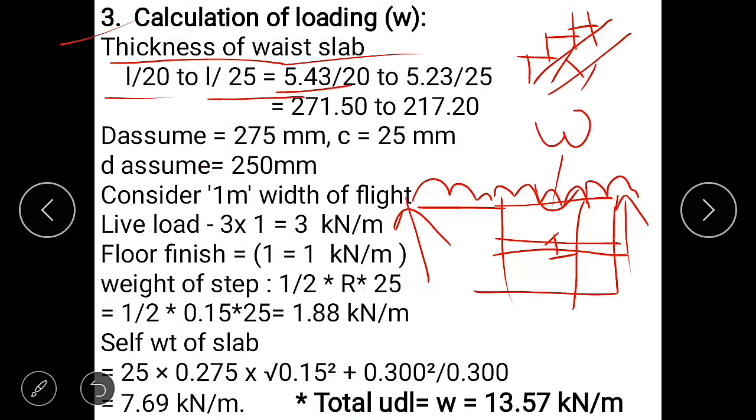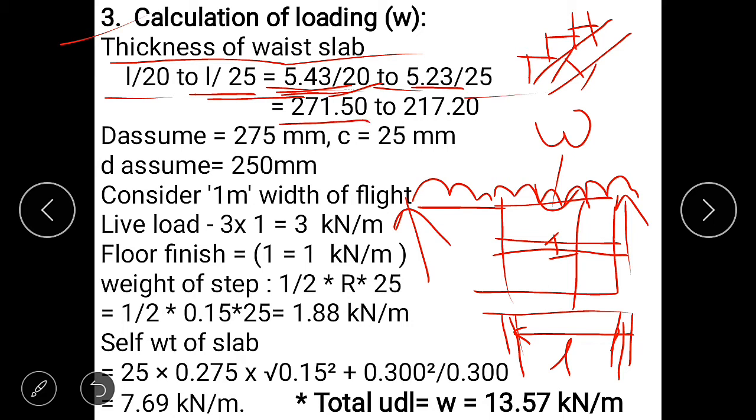So from here to here, center to center distance, is called L. So L is 5.43 divided by 20, and for the other direction 5.43 divided by 25.